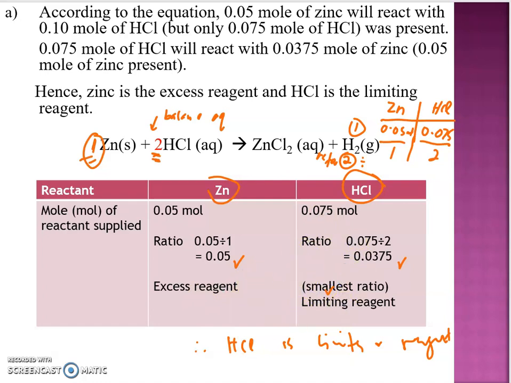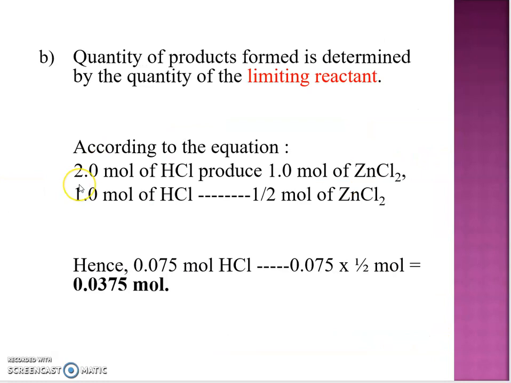Okay. So, the next one is the question on the product. Dia kata berapa produk apa? Zinc chloride. Zinc chloride yang terhasil. So, kat sini sebenarnya kita nak cari theoretical yield. Right.